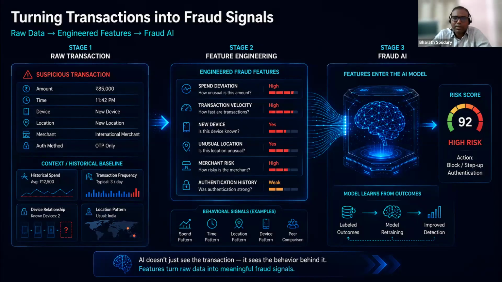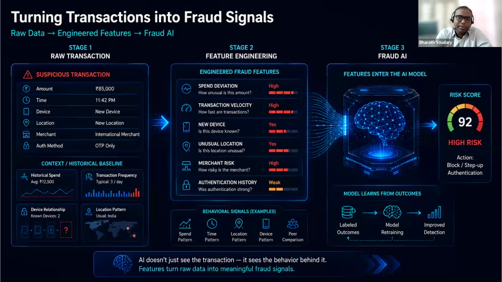So that's where this information will be stored. AI behavior signals: AI will also consider the spending pattern, time pattern, location pattern, device pattern, and transaction frequency.